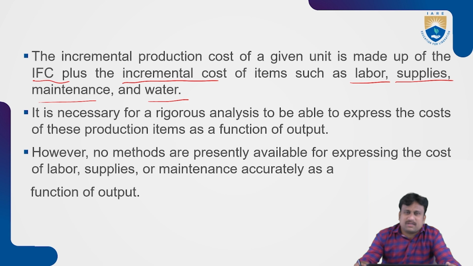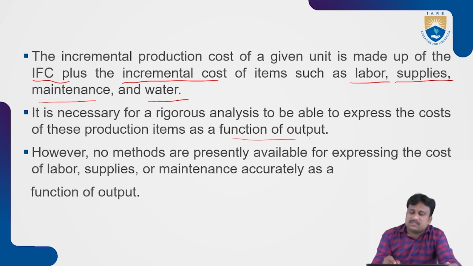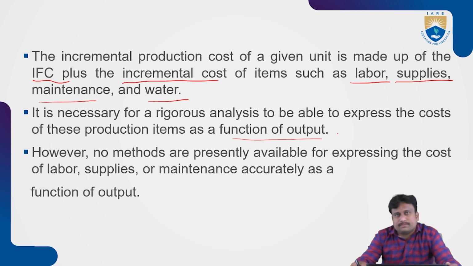These are some of the constraints to consider for the incremental production cost for a given unit. So it is necessary for a rigorous analysis to be able to express the costs of the production items as a function of the output.